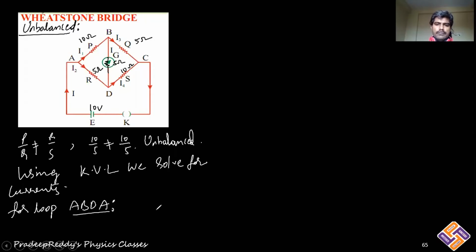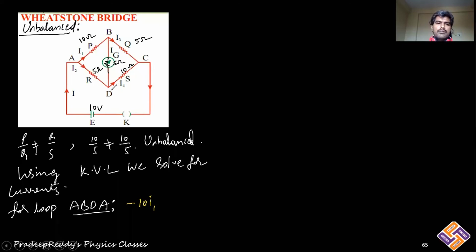So for loop A, B, D, A, start from here: A, B, D, A. I am considering that I1 is the current flowing here and IG is the current coming over here. So for loop ABDA, it is minus 10 I1, and you do not know whether the potential at B or the potential at D is greater.